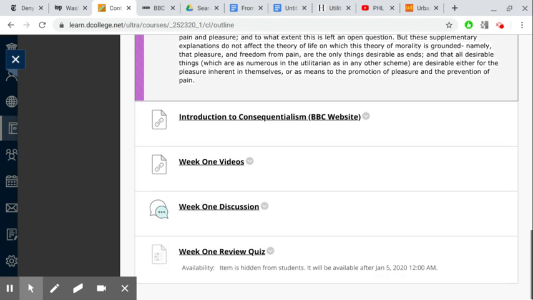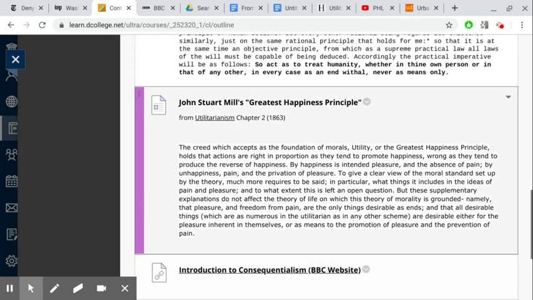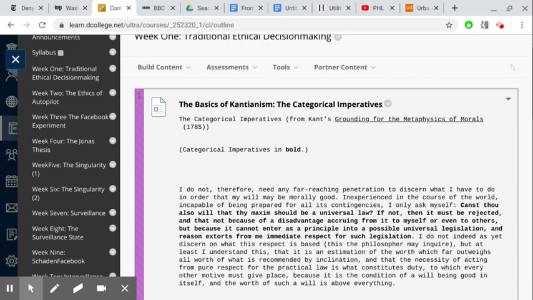But so yeah, this is all we're doing. The first week is kind of thinking about morality, perhaps in a more rigorous way, and maybe the big idea is that you can approach moral decision making with some degree of systematicity, some degree of method.